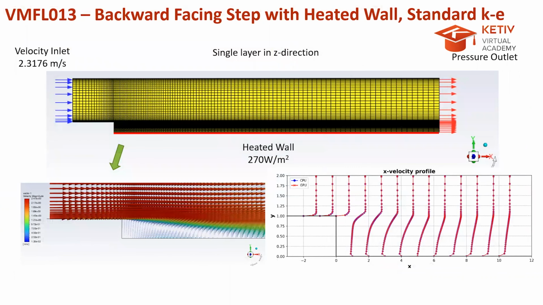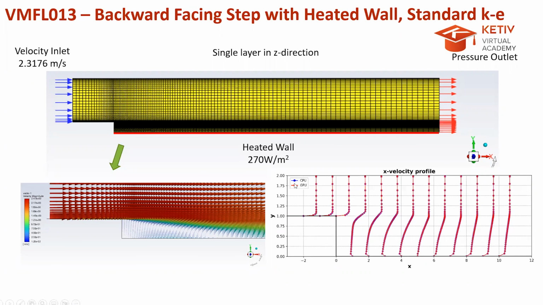Similarly, this is again a very popular benchmarking case, the backward facing step with a heated wall. It again has a hexahedral mesh. There's a velocity inlet, and there's a heated wall here at the bottom where you're applying some amount of heat. What we did was we ran this case with both the CPU conventional method and then ran it on the native GPU solver. We are looking at the velocity profiles at different sections along the axial length of this backward facing step.